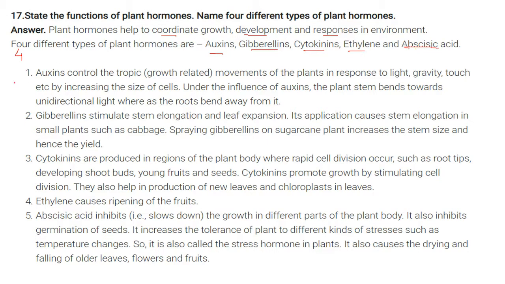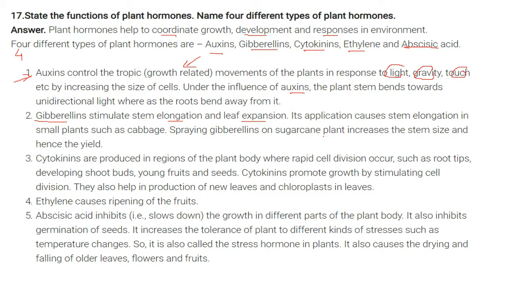Auxin controls the tropic, or growth related, movement of the plant in response to light, gravity, touch, etc. by increasing the size of the cell. Under the influence of auxin, the plant stem bends toward unidirectional light, whereas the root bends away from it.